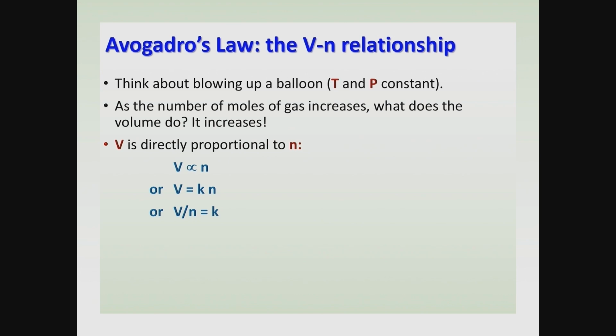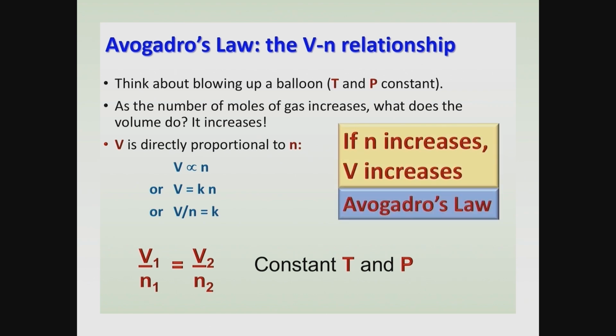And then if you wanted to, you could solve for the constant k and derive an equation from that. So that'll be V1 over n1 is equal to V2 over n2. And again, this only really applies if the pressure and the temperature are constant between these two conditions, 1 and 2. So again, this is Avogadro's law: if the number of moles of a gas increases, the volume increases.